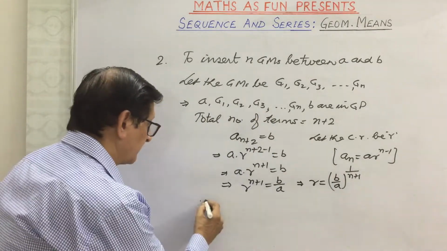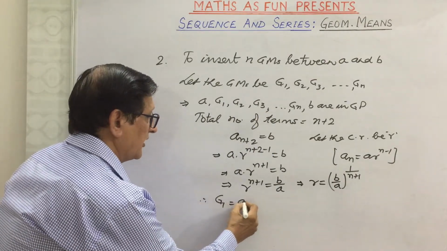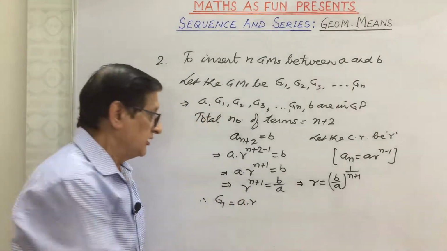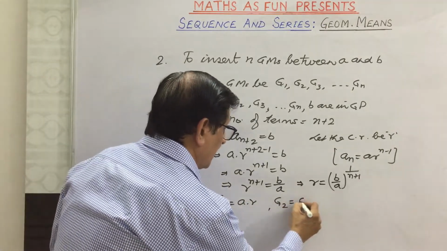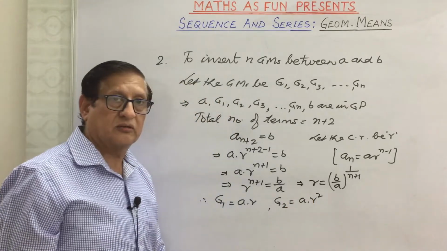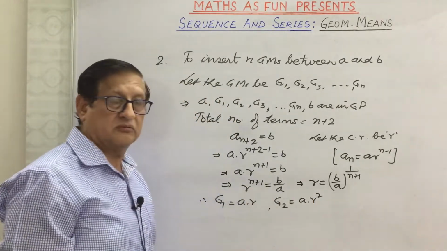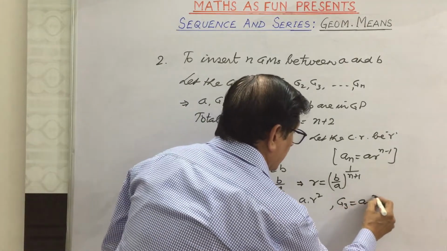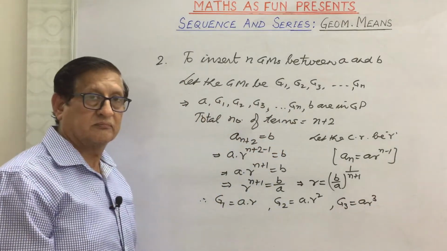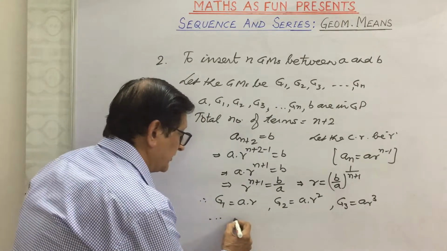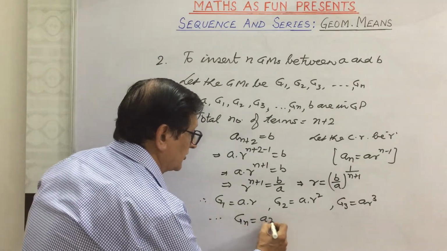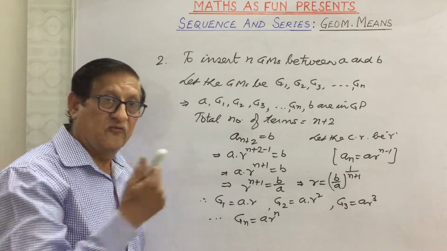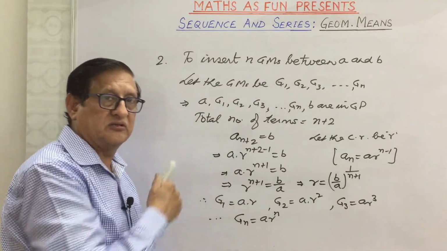After finding the common ratio, we can find all the geometric means. Therefore G1 is A into R, G2 will be equal to A into R square, G3 is A R cube, and so on, Gn will be equal to A R power n. Now we have to understand one difference here.